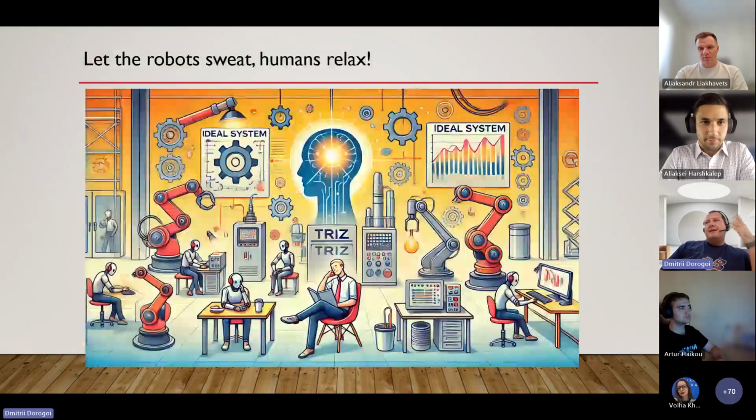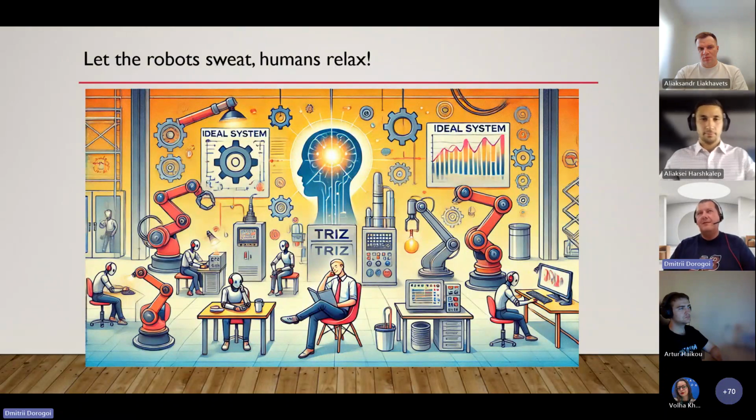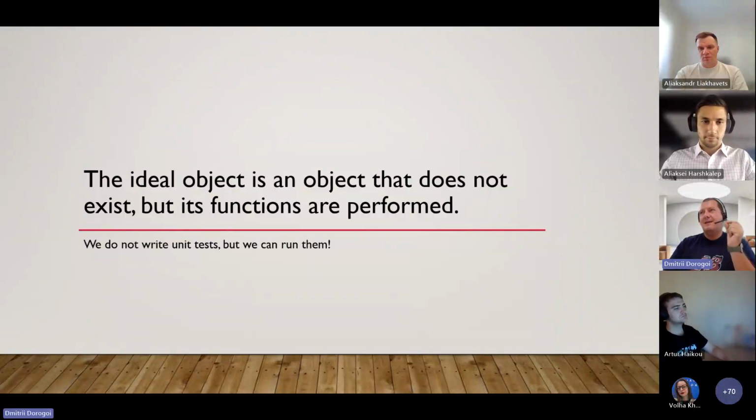This is about the ideal system and ideal object. And this guy said that if you want to make your system or object ideal, the best idea is that the ideal object or ideal system does not exist, but it functions.